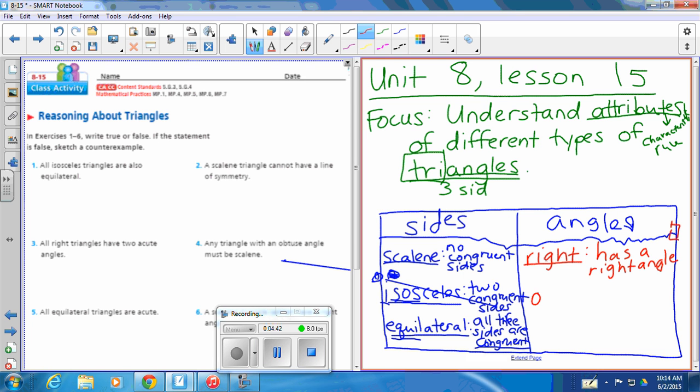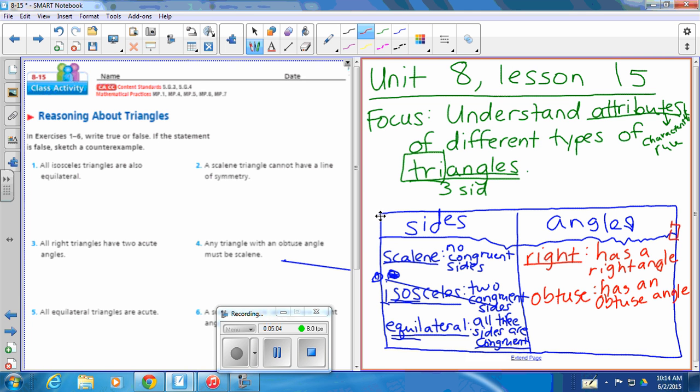You might have an obtuse angle. Last time we talked about obtuse, we said, oh, obtuse, because it's big. So an obtuse triangle has an obtuse angle, but you need to make sure you understand what an obtuse angle is.